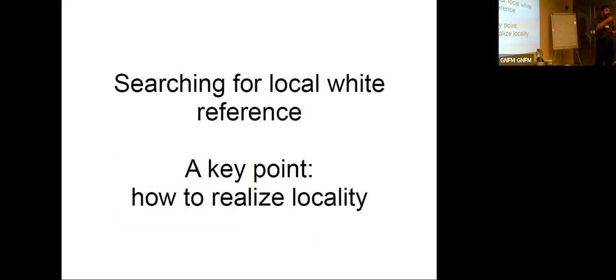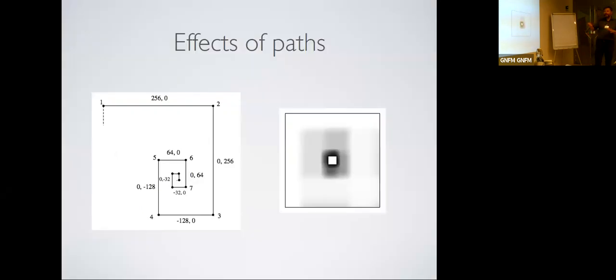But since we want to search for the local reference white, a key point is how we do this search. Just to give you some idea, this is a very old implementation of Retinex, but if you have a standard fixed search, this kind of spiral, you end up with ghost images. So the search influences the result.